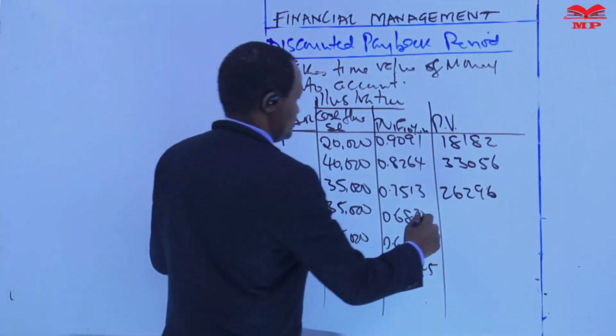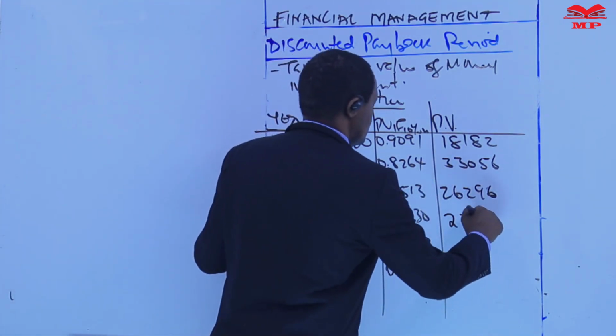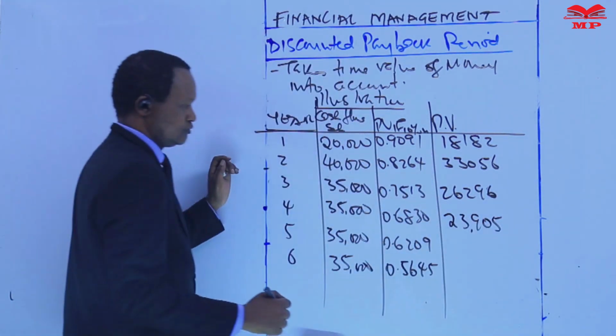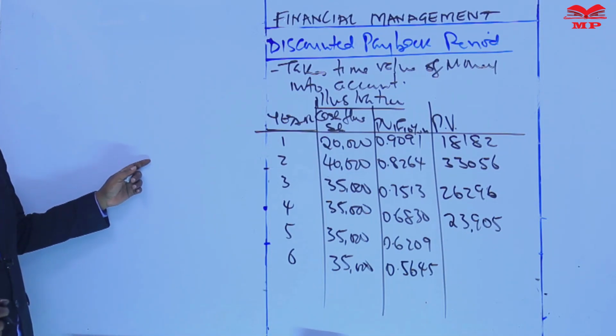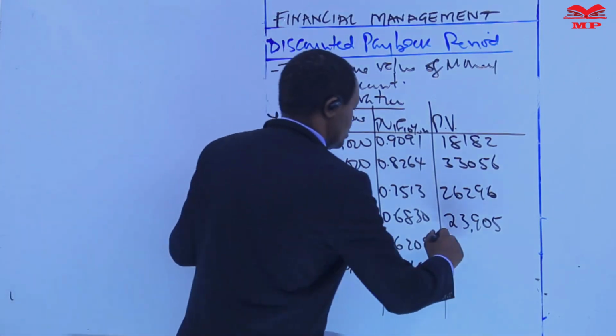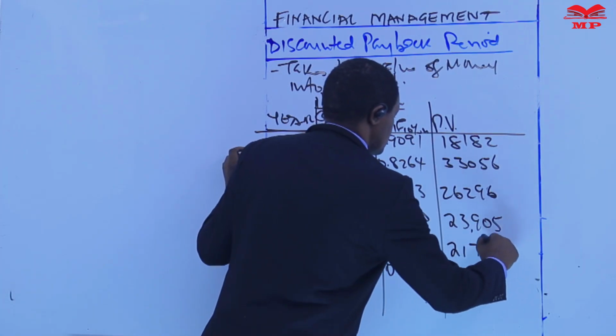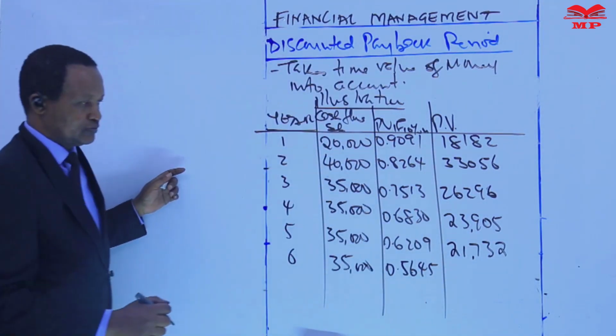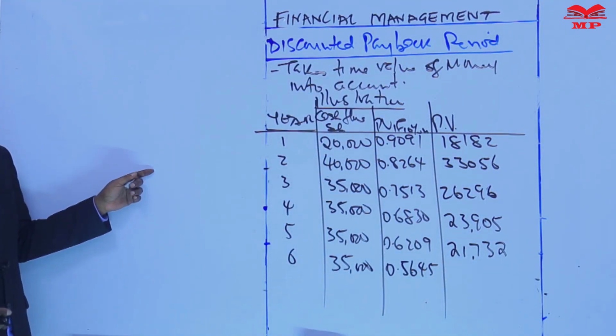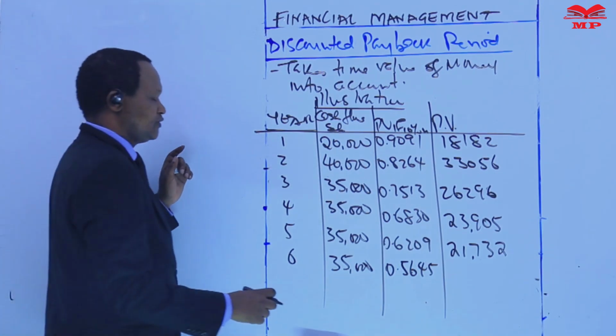Year 4, 23,905. Year 5, 21,732. Year 6, 19,758.